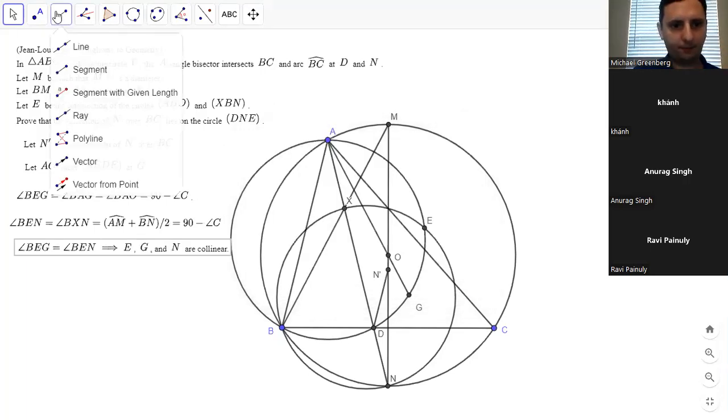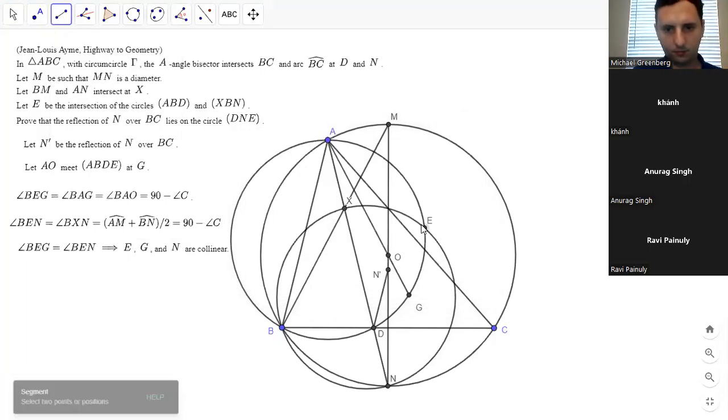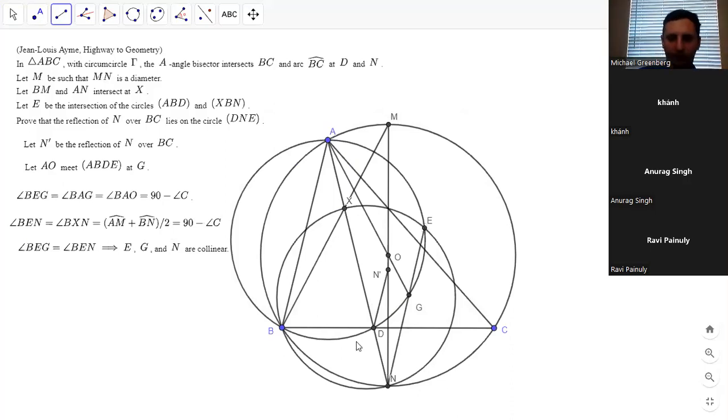And then once we know that, we have an angle chase because we have angle DEN is angle DEG.